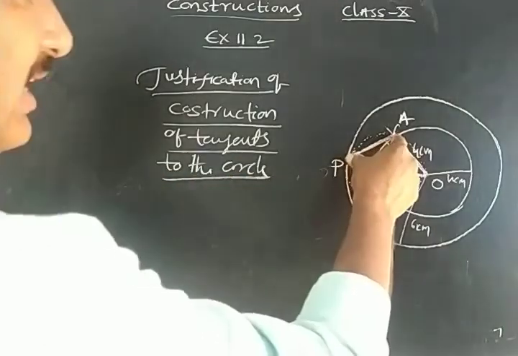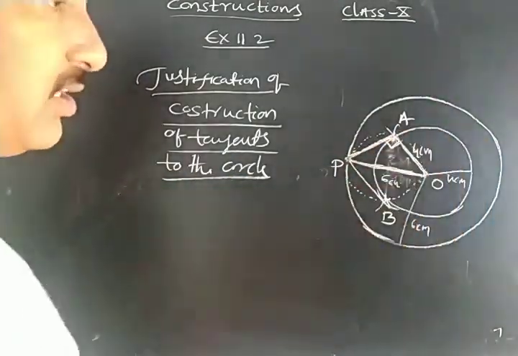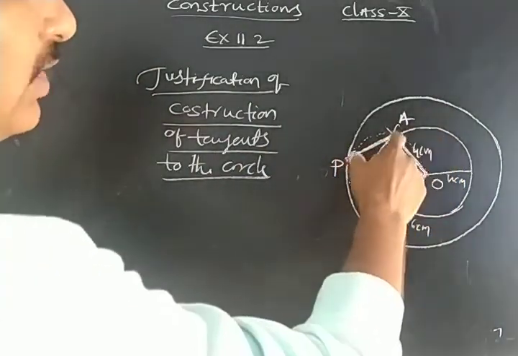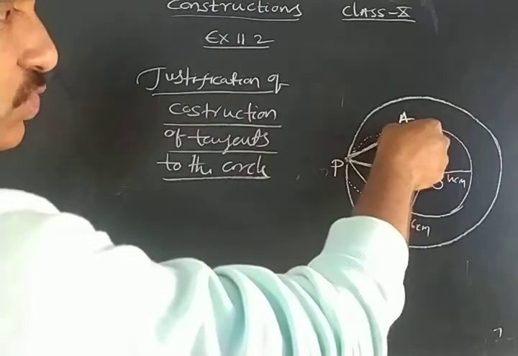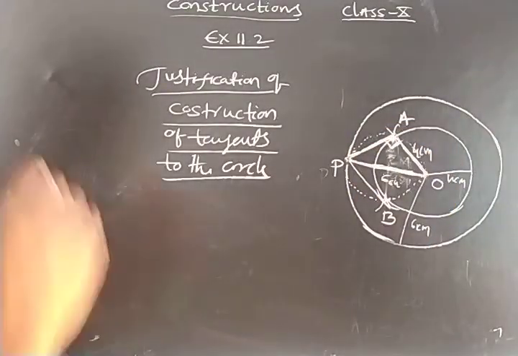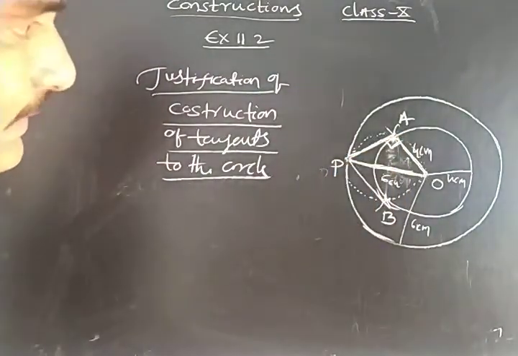We have to show AP is tangent to this smaller circle. That means if you show AP is perpendicular to the radius, automatically the line which touches the circle and is perpendicular to the radius will be tangent. So I have to prove this is 90 degrees.